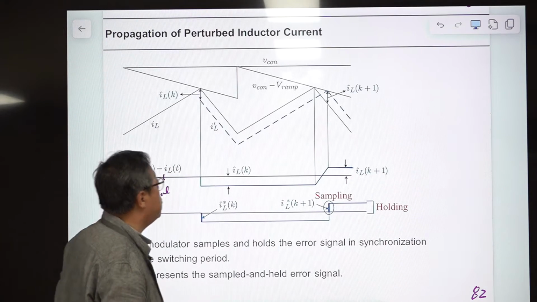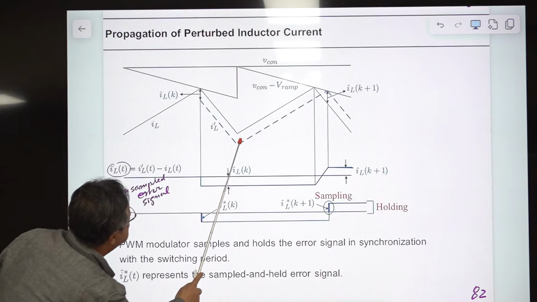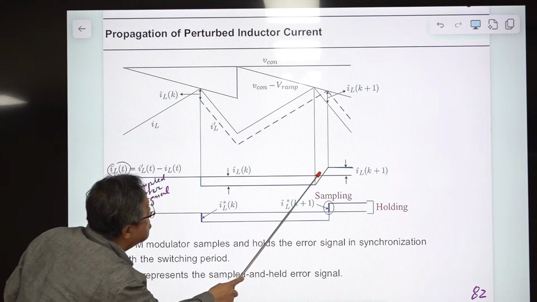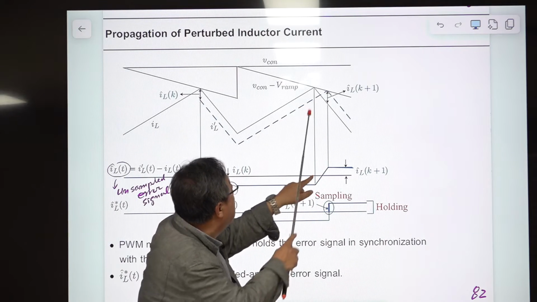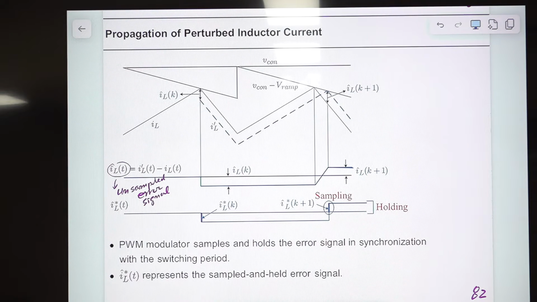So this is the error. The error is constant here, and at this point the error becomes 0. They meet each other, so the error is 0. And during this period you have an error of this much here, and you have an error of this much at this moment.